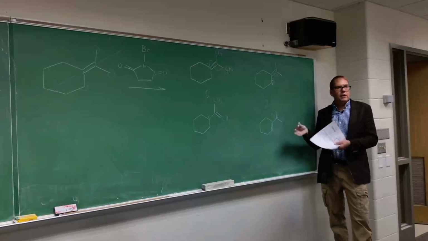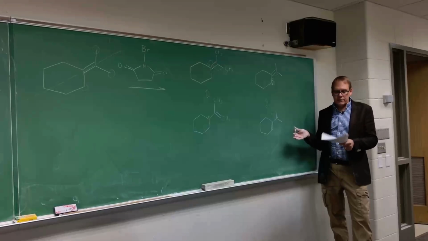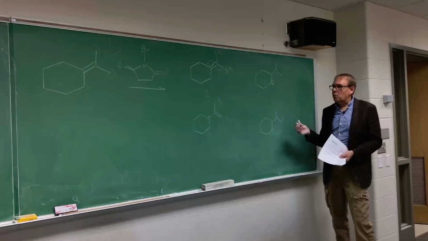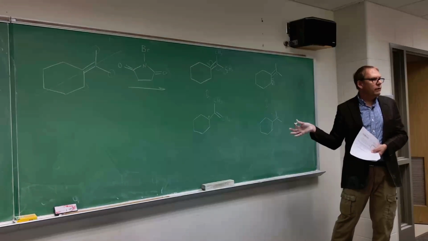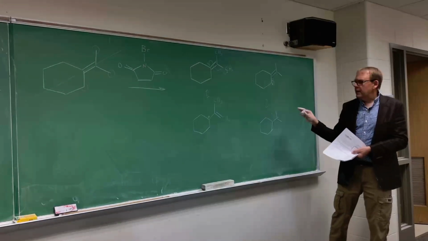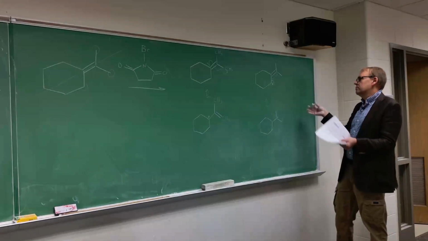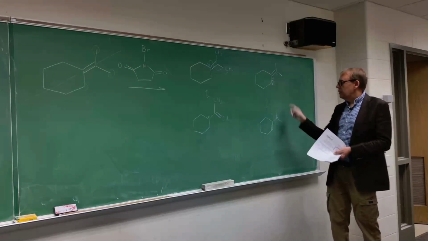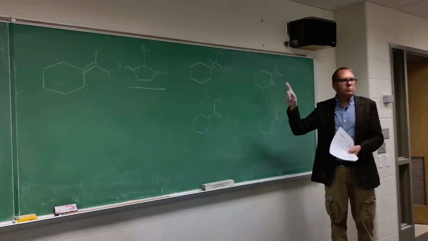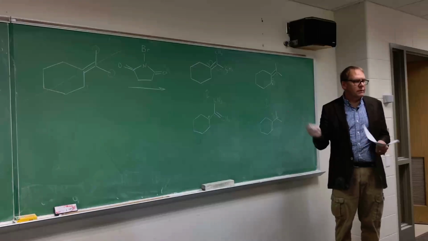So if you have the set of radicals, then to get the set of allylic bromides, all you have to do is just draw the structures, but change the dot to a bromine. So I'm going to skip that step because I want to save time so we can go on to some other things. But think about all of these as being potential precursors to bromides.